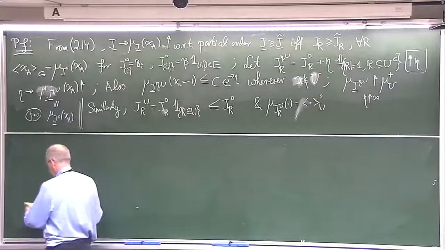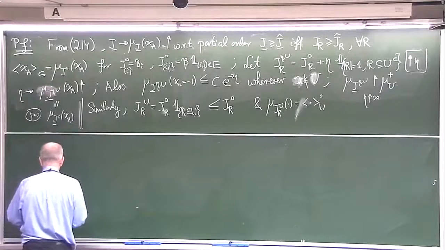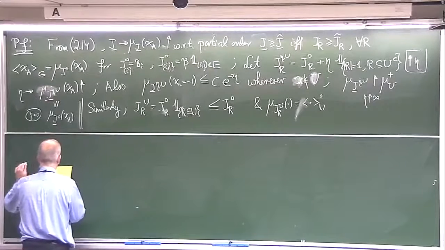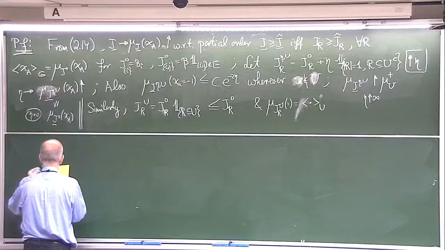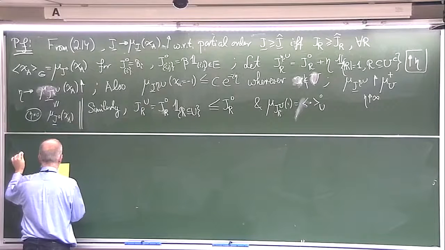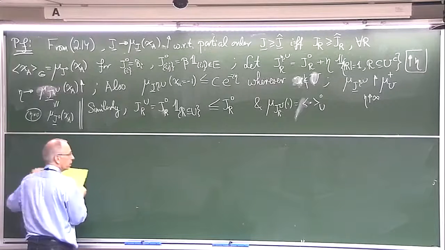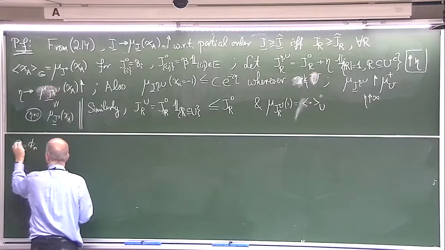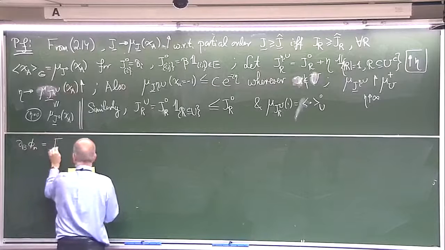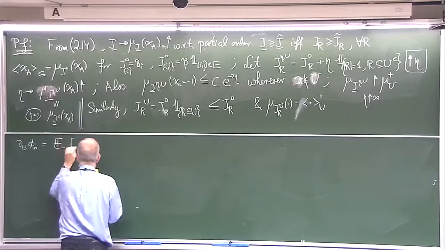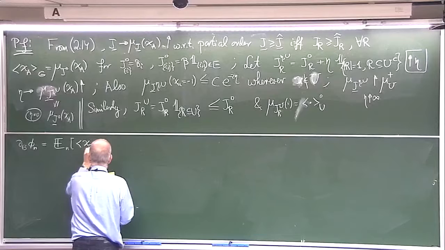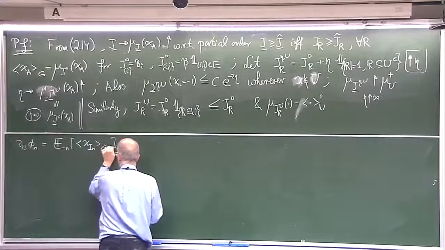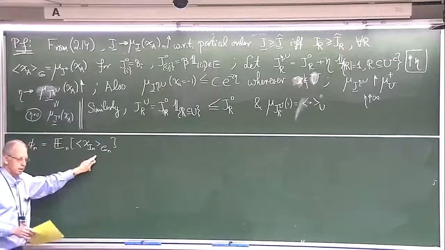Okay, so now I have the derivative with respect to b, an expectation under Gn. This is all that I'm interested in.